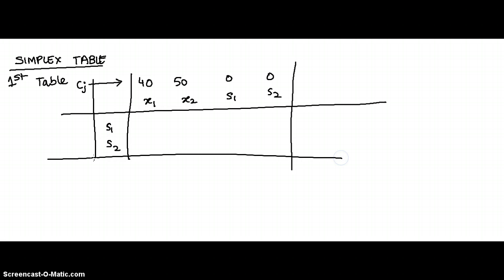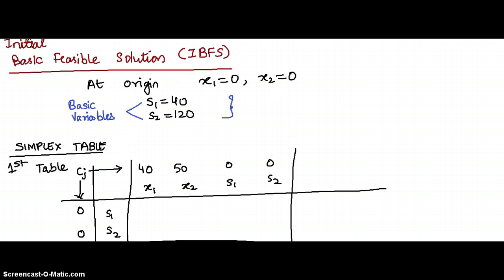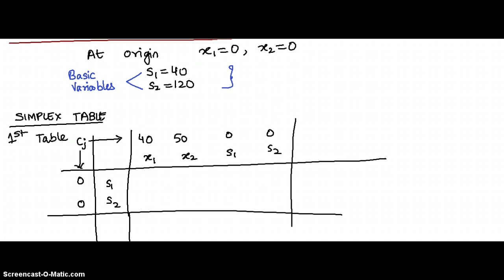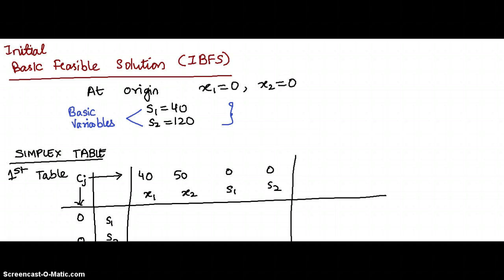Okay. Now after this, what do we have to write? This Cj value, the value of s1 and s2 in Z, which is the same as written over here. So it will become 0 and 0. Also, what is the value of s1 and s2? The basic variables in the initial basic feasible solution are 40 and 120.